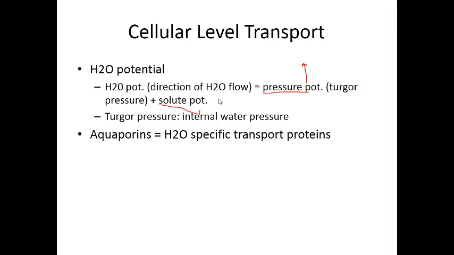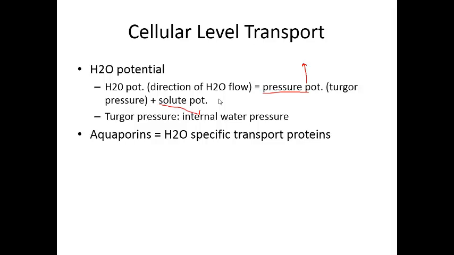The highest the solute potential can be is 0, and the more solute there is, the more negative this number becomes. So to figure out the water potential, we take the pressure potential plus the solute potential. Water is going to move from an area of high water potential to an area of lower water potential.